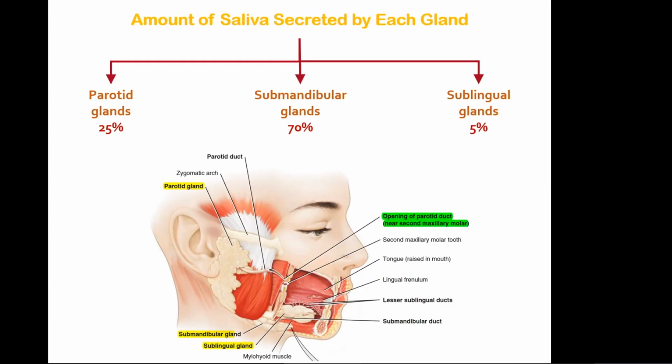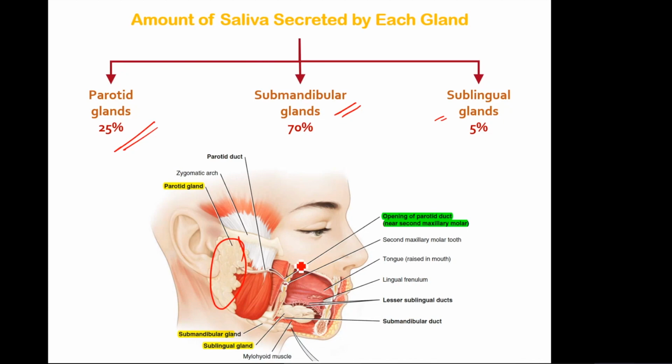So that's for the minor salivary glands, but I have to dig deeper with the major salivary glands. We have, of course, the parotid gland, submandibular, and sublingual, as you see here.